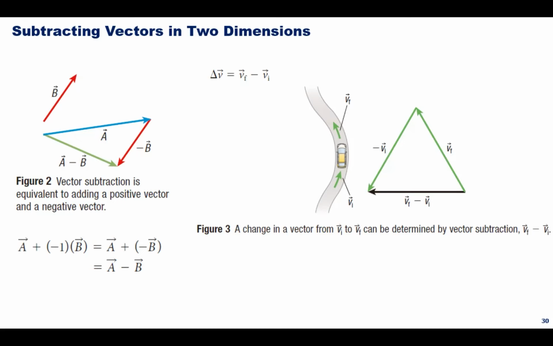This change equals the difference between the velocity at one point in time and the velocity at any earlier point in time. In other words, the change in velocity is a subtraction of the final and initial velocities, which is given by delta v, the difference in velocity, equals the final velocity minus the initial velocity.